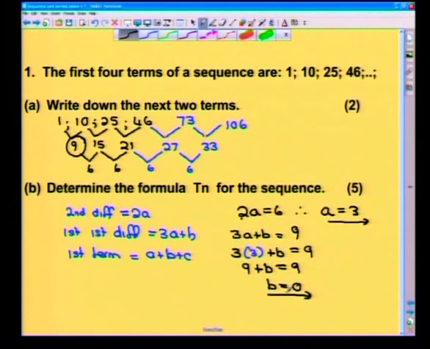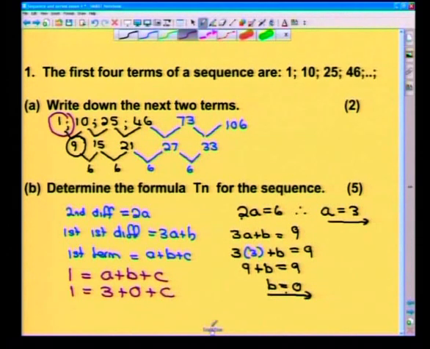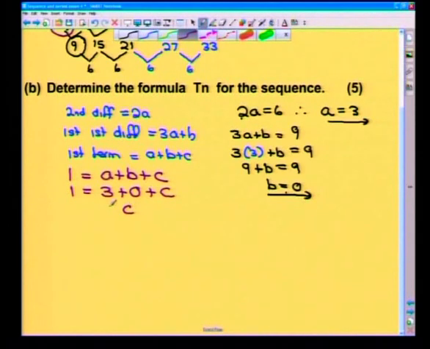So I've got a, I've got b, and the last remaining thing is to find my first term. Now what do I know? I know that my first term is 1. So I'm going to say 1 equals a plus b plus c. Now, I know that a worked out to be 3, b worked out to be 0, and I've got my c. So if I want to work that out, the c is equal to minus 2.